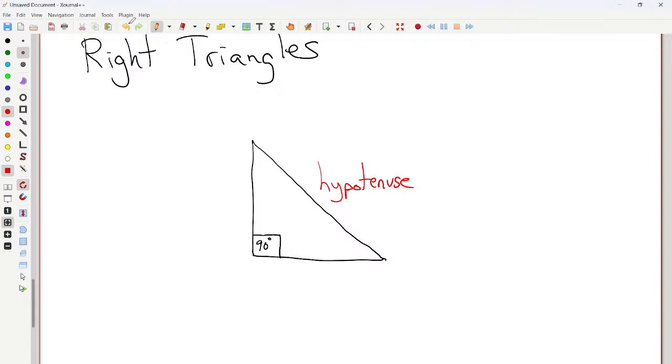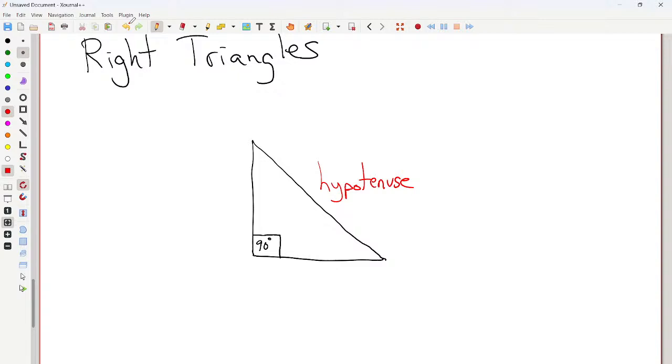They have to add up to 180. So if this is already 90, which it will be in every right triangle, the other two have to add up to 90, which means individually they're less than 90. For instance, this has to be 30 and 60, or 89 and 1.